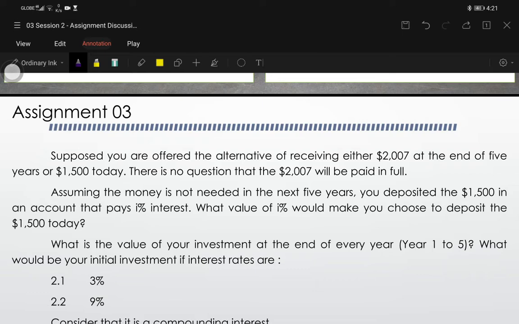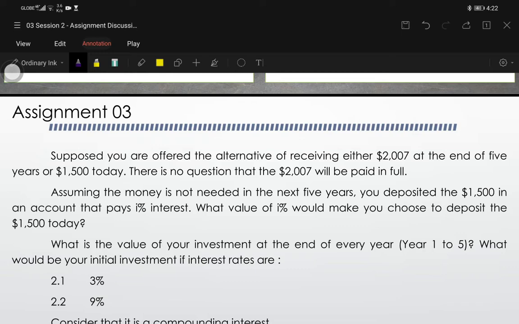So for assignment number 3, suppose you are offered the alternative of receiving either 2,007 at the end of 5 years or 1,500 today. There is no question that the 2007 amount will be paid in full. Assuming the money is not needed in the next 5 years, you deposit the 1,500 in an account that pays an interest rate which you do not know.